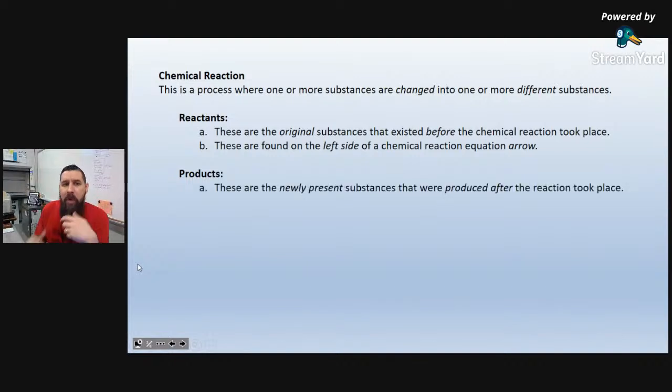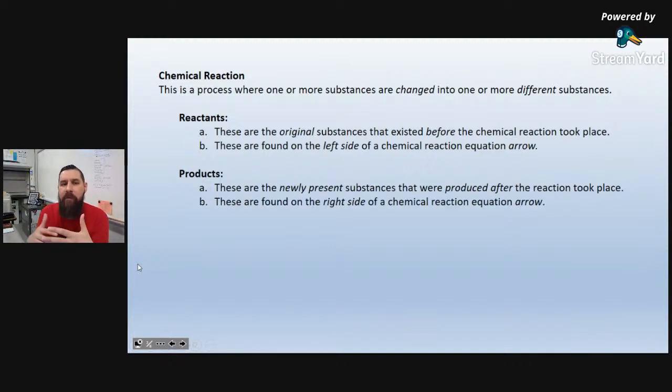And your products, these are the newly formed compounds, the newly formed substances. It's what's produced after that chemical process has occurred. And for products, we're going to find these on the right-hand side of that chemical reaction equation arrow. Okay? So we've got the basics of a chemical reaction.